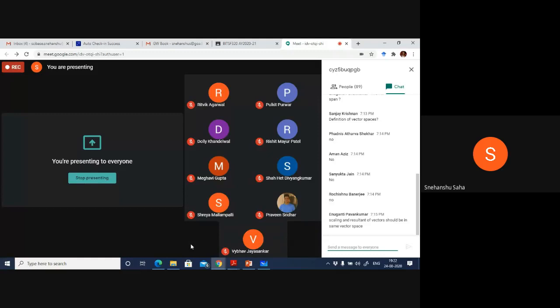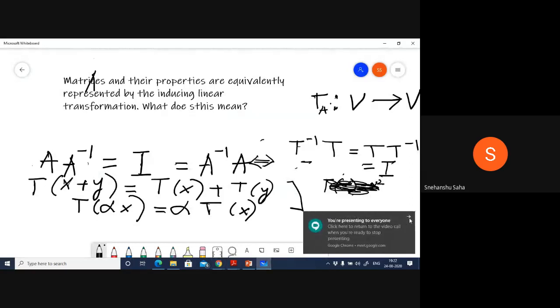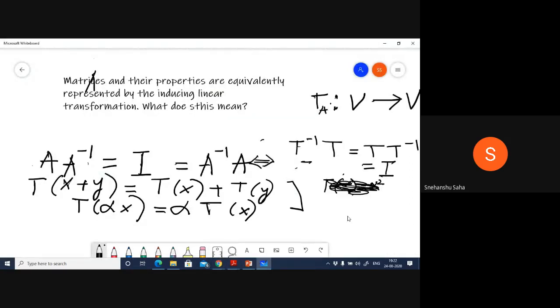Anyone? Don't tell me the obvious thing. There is a reason why I wrote a matrix structure, and just below the matrix structure, I wrote the structure of a linear transformation.